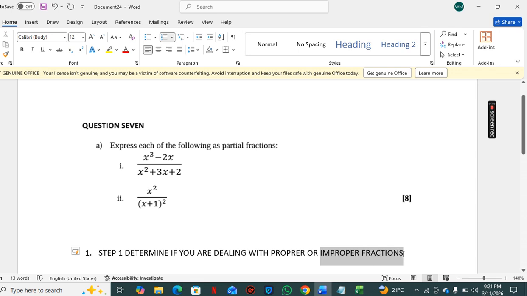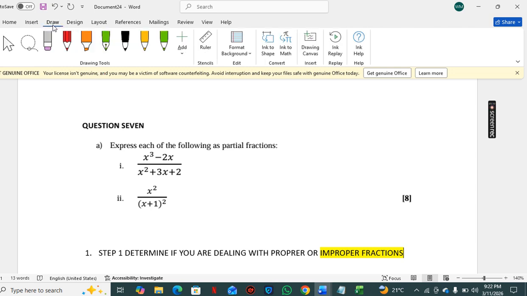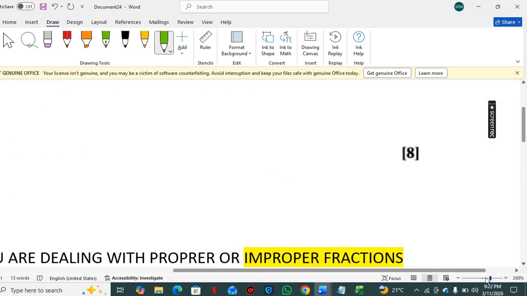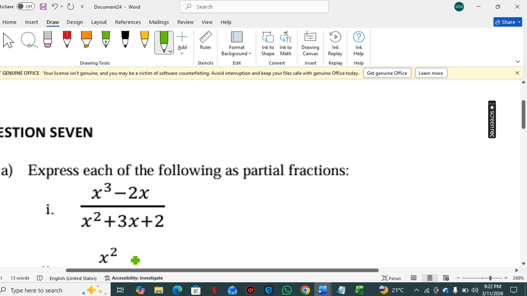Now, how you tell if you're dealing with an improper fraction, you look at the powers for the leading coefficient. Colleagues, the leading coefficient is the first number on the left. So if we go to our numerator, not the first number, the first letter. Yes, we look at here, x cubed, we have the power 3. We go to the denominator, the leading term is x squared.